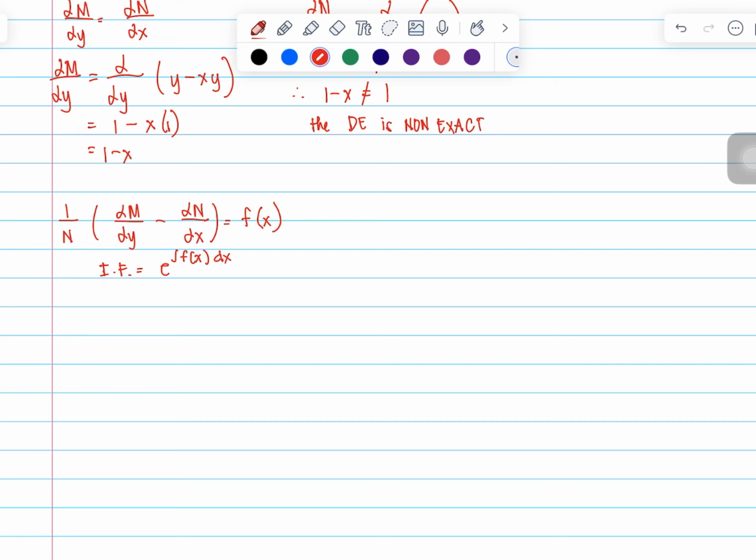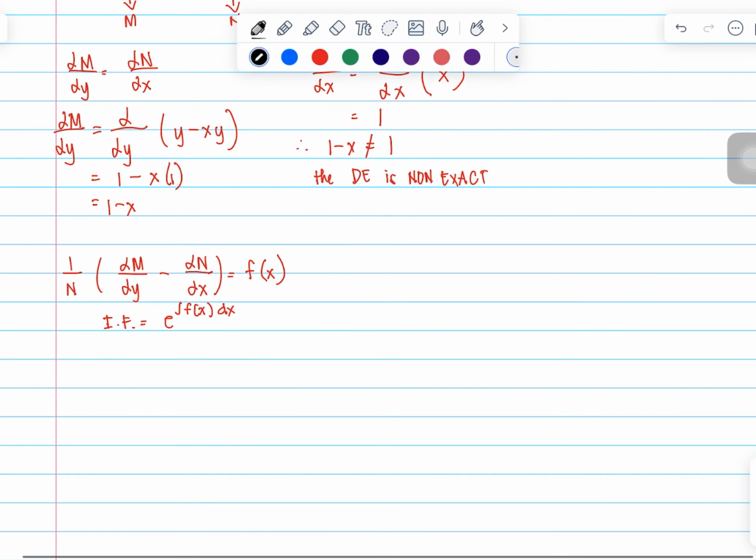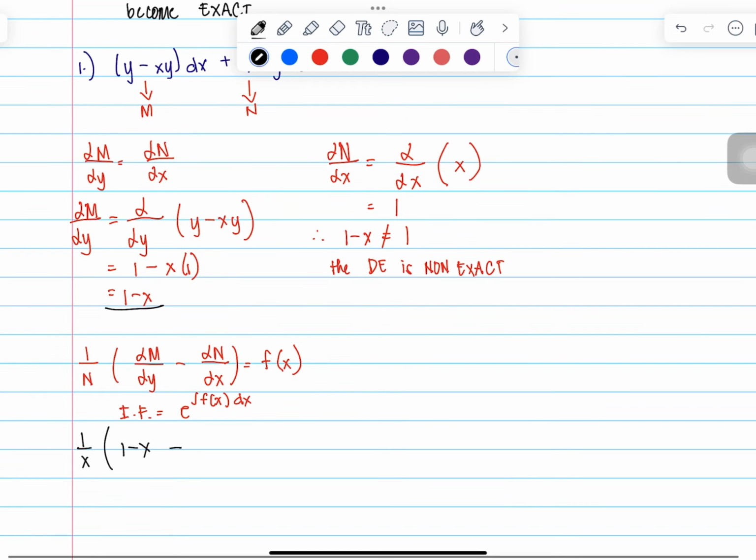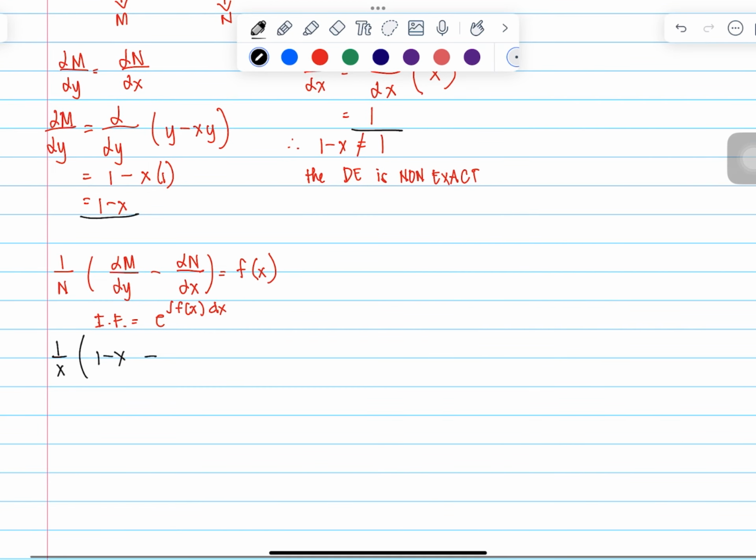So now let's check. All right, so what is N? N is basically x. So we have 1 over x. What is the partial derivative of M? We got that earlier: 1 minus x, minus, what is the partial derivative of N with respect to x? We also have that one earlier, so that is 1.